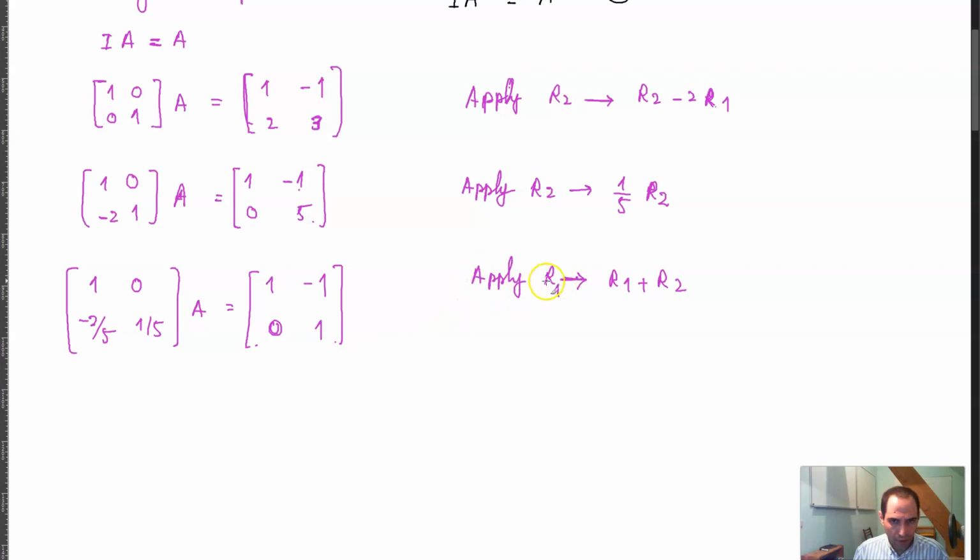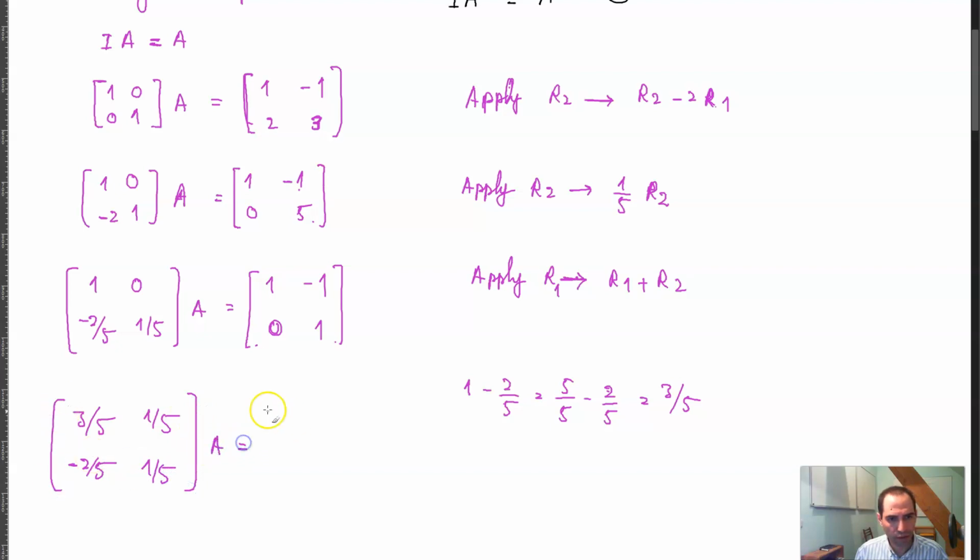And now if I apply R1 becomes R1 plus R2, then you have basically 1 plus negative 2/5. 1 minus 2/5 is equal to 5/5 minus 2/5, which is equal to 3/5. And basically 1 plus 1/5 is equal to 1/5. And then you have negative 2/5 here. You have 1/5 here.